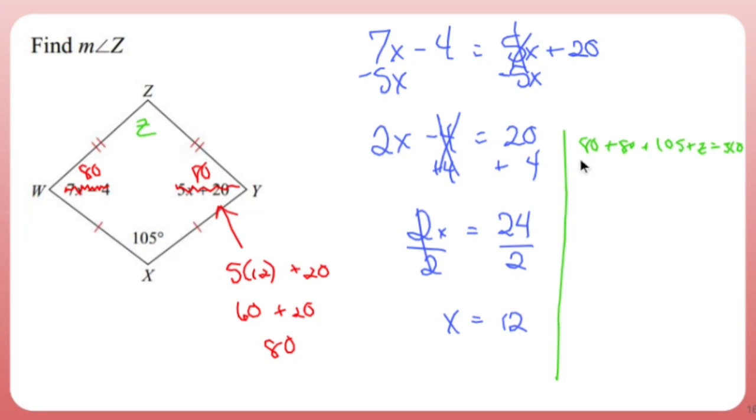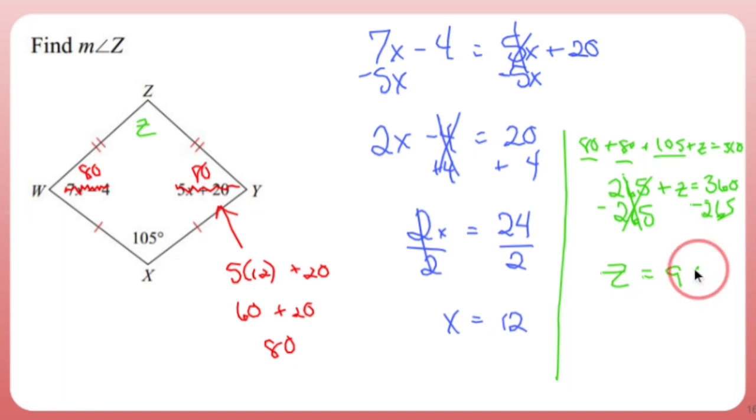If I combine like terms, 80 and 80 is 160. 160 and 105 is 265. 265 plus Z equals 360. Subtract 265 from both sides. Z equals 95. So after all of this, I can finally say that the measure of angle Z is 95 degrees.